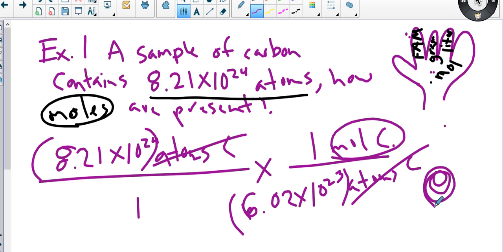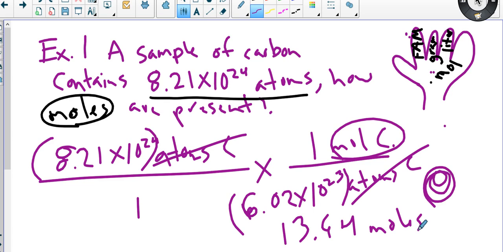Alright, so what did you guys get? Please tell me. Will, what was your answer? 13.64. Okay, so 13.64 moles. Did you guys get that? Yes. Who said I got 130? Oh, I'm just kidding.